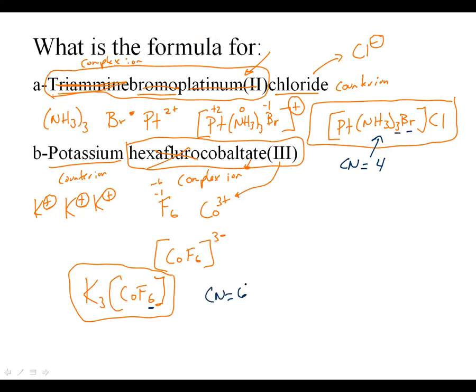In this case, each of those is monodentate, which means you can just use the little numbers on the bottom and add them together, because they only bind one place per molecule or ion. Any questions on how to name these, how to write the formulas for these, or anything like that?